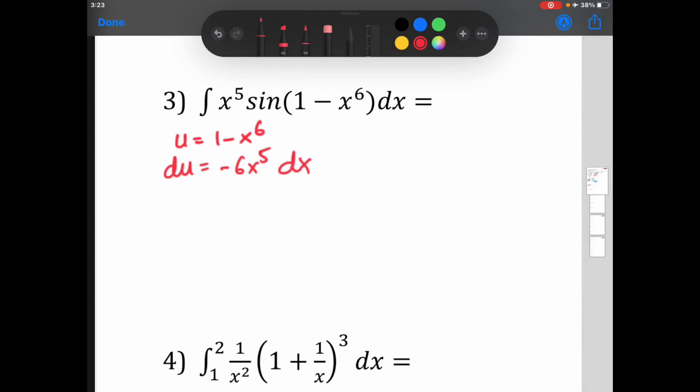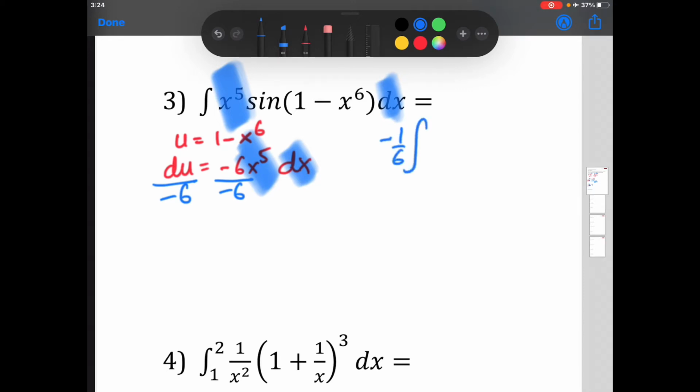So again, look here, what do I have? I'm going to replace x to the 5th and dx. So what do I want to get rid of? I want to get rid of my negative 6. So divide by negative 6. So I'm going to substitute that back in. I'm going to pull out the negative 6.